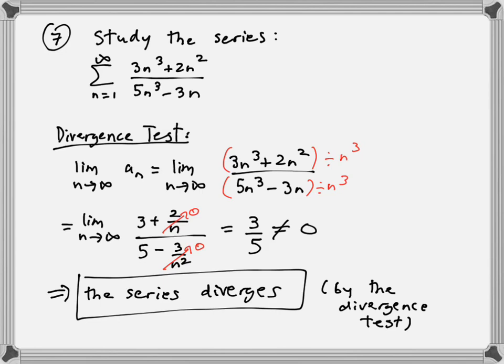Okay, so let me write down another couple of results in this section. I know this is a long video, I apologize, but it is a really long section, okay? So let me go over the following theorem. Let the series of an and bn be convergent series.